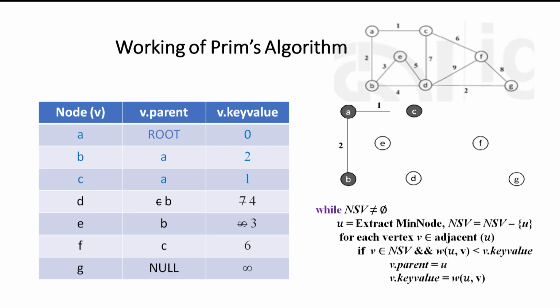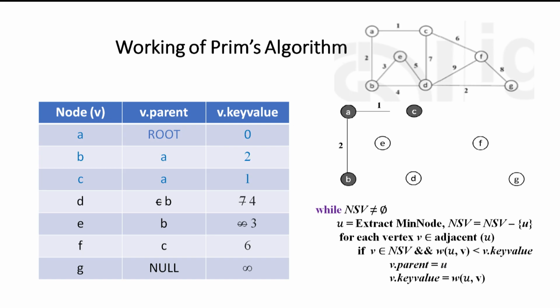So accordingly it is modified in this table from 7 to 4, and the parent is also modified. Earlier it was C, now it is B because the least cost is from B to D.